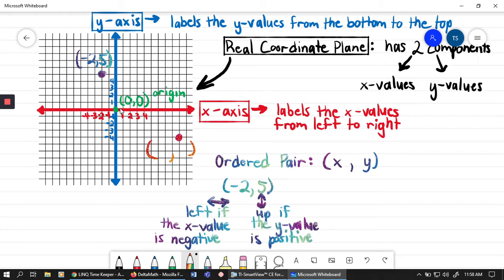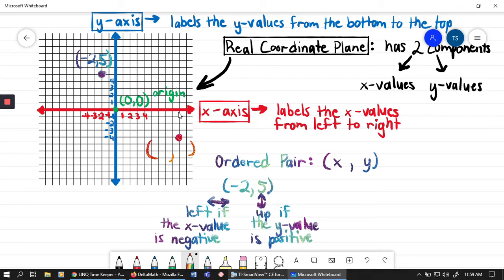So, if we count exactly how far to the right or to the left this point is from the origin. I'm starting here at the origin. I've got my mouse there so you can see that too. I'm going right 1, 2, 3, 4, 5, 6, 7, 8, 9. I've gone 9 places to the right.